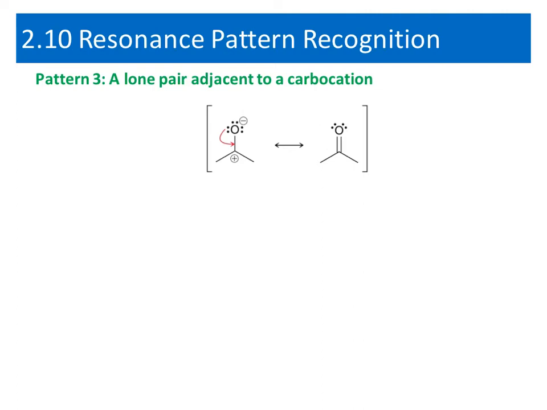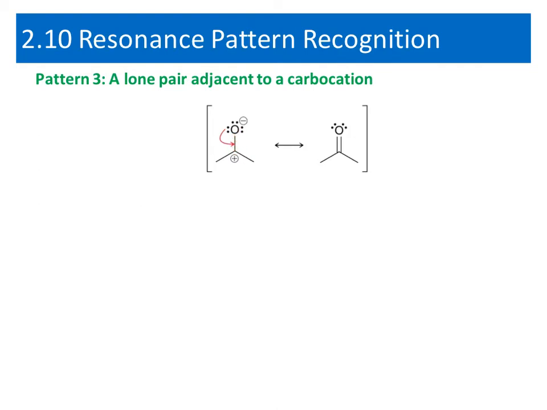The third pattern is a lone pair adjacent to the carbocation or positively charged carbon. So here we have a lone pair of electrons adjacent to the carbocation. They are separated from one another by a sigma bond.